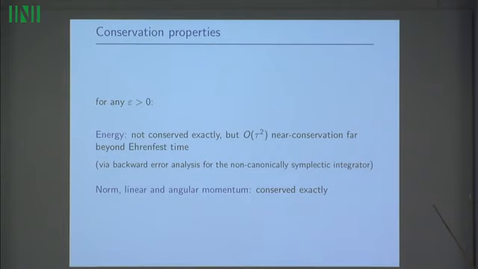I told you previously that our time-continuous Gaussians have nice conservation properties. Now what happens here? Energy is not conserved exactly, but it remains second order accurate, with a constant independent of epsilon, over time intervals that go far beyond this Ehrenfest time that I have mentioned.